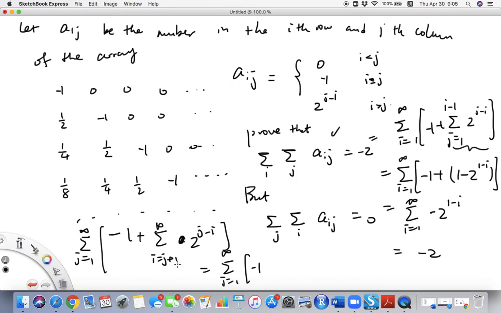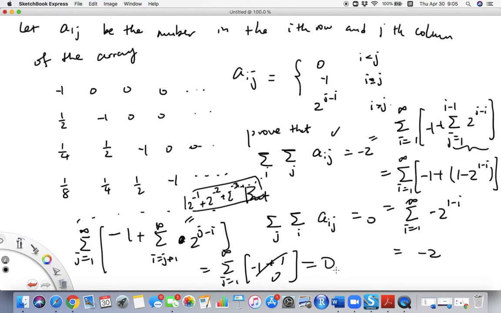When i is equal to j plus 1, this is 2 to the minus 1, right? When i is equal to j plus 2, that's 2 to the minus 2, right? So essentially the sum is just 1/2 plus 1 over 4 plus 1 over 8, and so on and so on. And for this geometric series, we all know the sum is equal to 1. So minus 1 and 1 cancel, giving you 0. So you are just summing up a bunch of zeros.